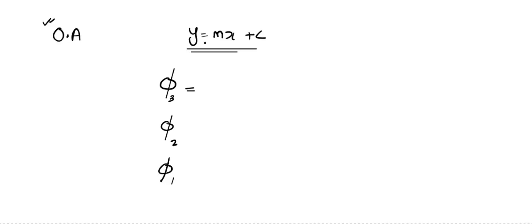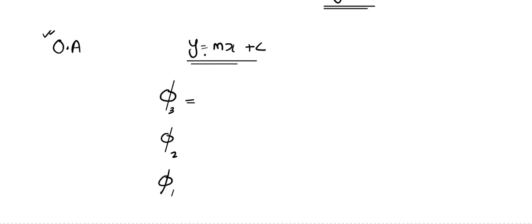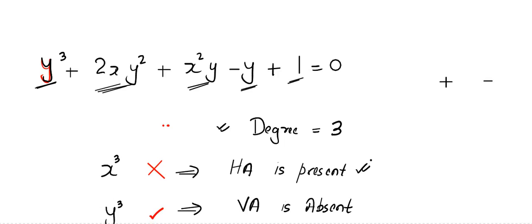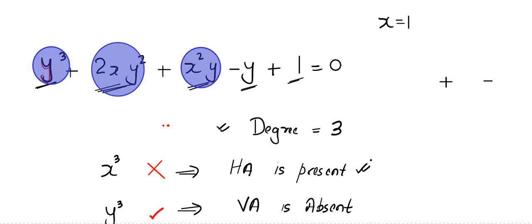Phi 3 means, we'll scroll up and take a look at the question. I'll shade this for you: degree 3, degree 3, degree 3. Now what we do is put x equal to 1 and y equal to m. Wherever you see degree 3 terms, put x equal to 1, y equal to m.